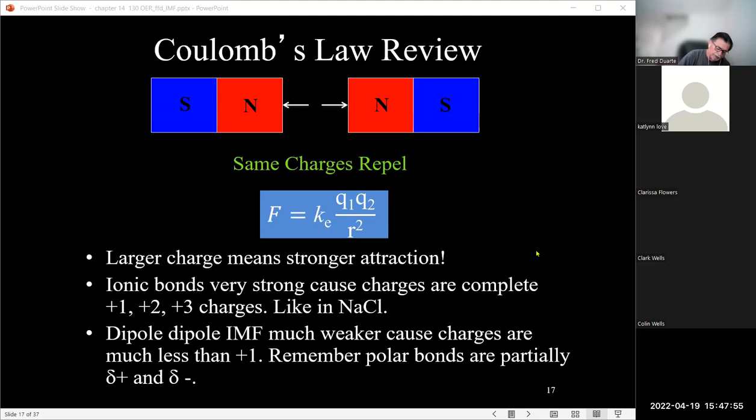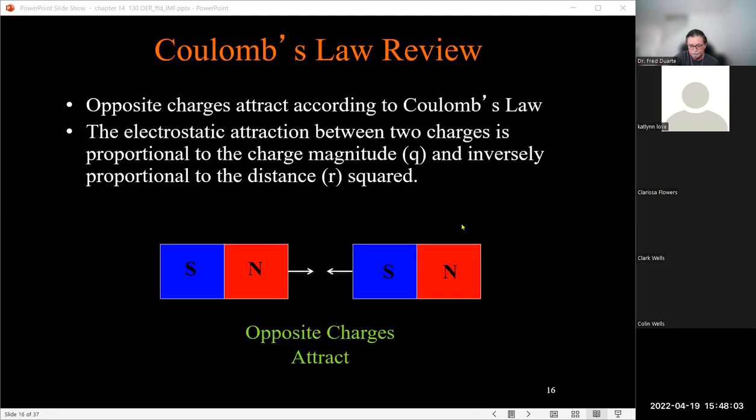This equation here, I'm not going to say much about it, but I'm just going to say the following. This is Coulomb's law, basically a mathematical equation that relates the strength of interaction between two charges.